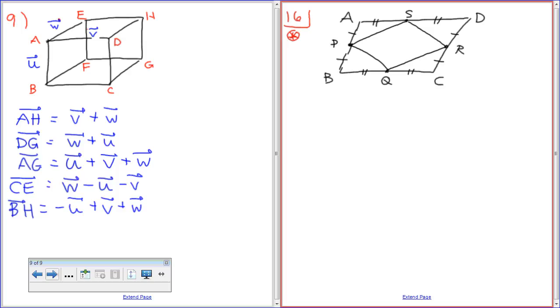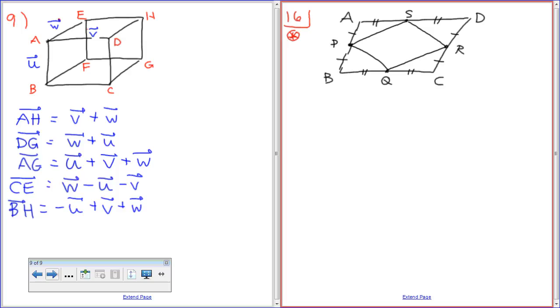Why is PB going to be equal to RC, for instance? Go ahead. Because AB and DC are both the same length and it's the midpoint. It's the midpoint, right? So we know then by fact here that this little tiny vector is going to match this, this, and this. You see that? And BQ then is going to equal this, this, and this. Okay, on the logic here?